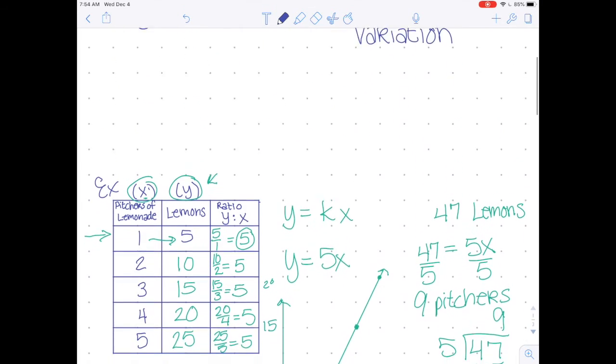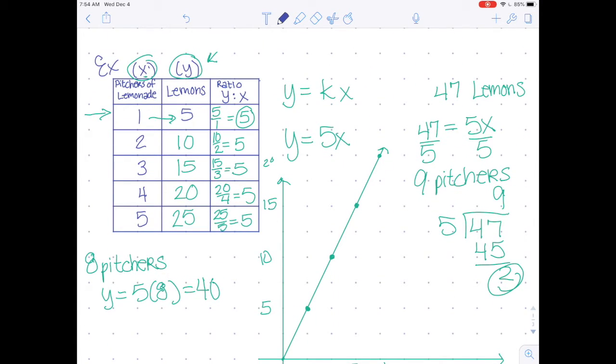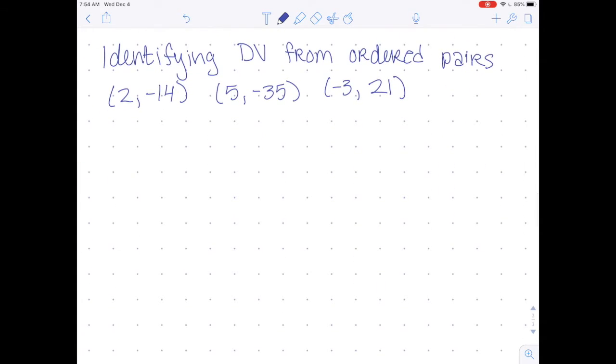So just like we did up here with this table, we're going to check the ratio of y to x and see if it is equal for each ordered pair. In this first ordered pair, we've got negative 14 is y over 2, which gives us negative 7.